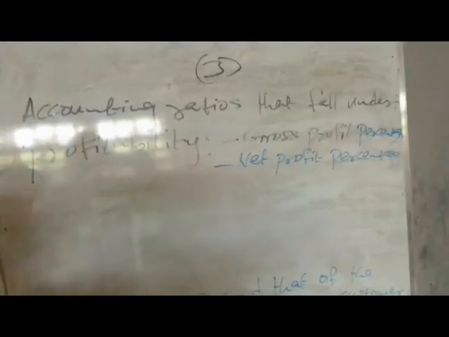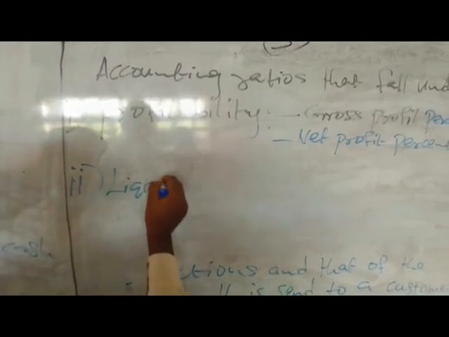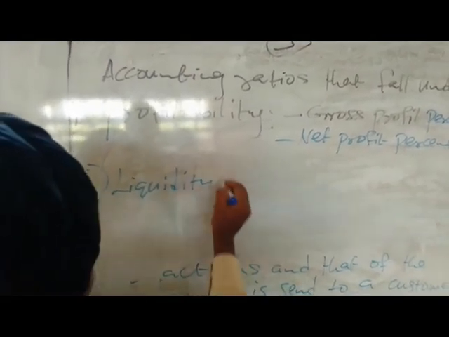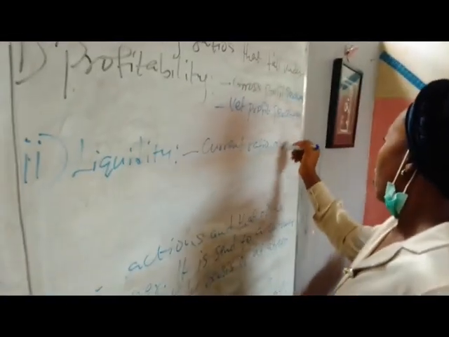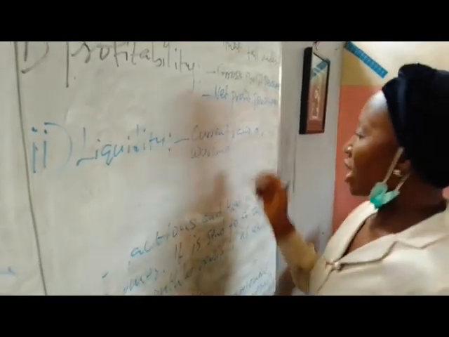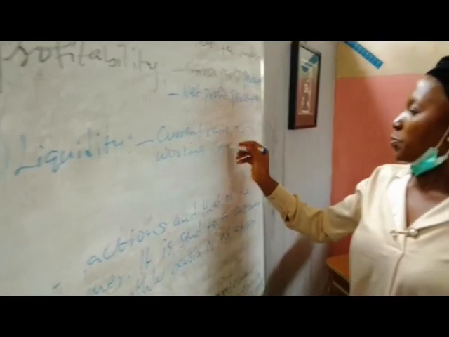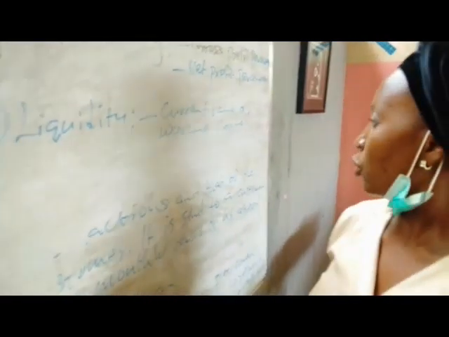Then we have II, which is liquidity ratio. Under liquidity ratio, we have current ratio, or working capital ratio.